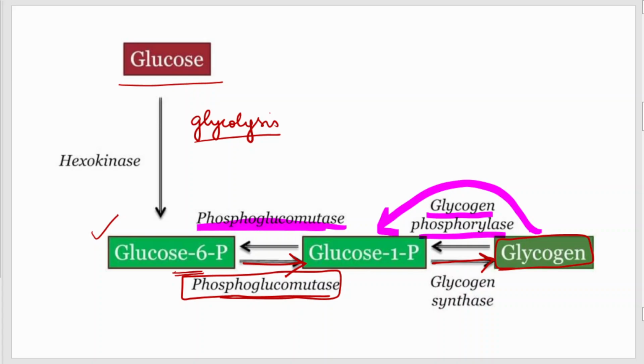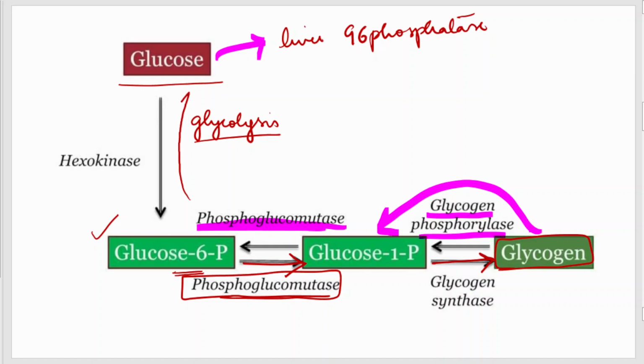In the liver, glucose 6-phosphate is converted to glucose by an enzyme called glucose 6-phosphatase, because the liver has this enzyme, and it is released into the circulation whenever glucose is necessary. But in muscle, glucose 6-phosphatase is not present.